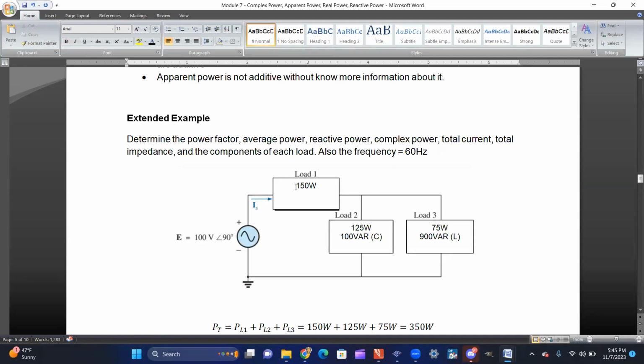So we know it's going to be a resistor, but what size resistor is it? That's what we're going to find out. Same thing with load 2 and load 3. We want to know what size resistor and what size capacitor is in this load right here, and what size resistor and what size inductor is in this load right here.